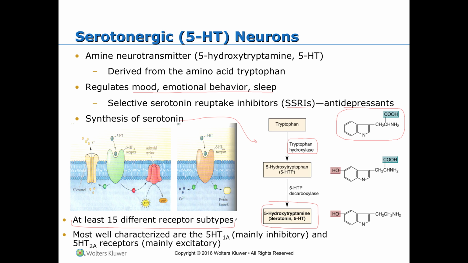The most well-characterized are 5-HT1A, which is mainly inhibitory, and 5-HT2A receptors, which are mainly excitatory. Again, one big common idea in neurotransmitter systems is that whatever receptor your neurotransmitter binds to determines what kind of effects are present in the nervous system.